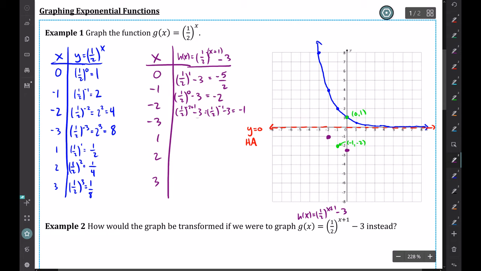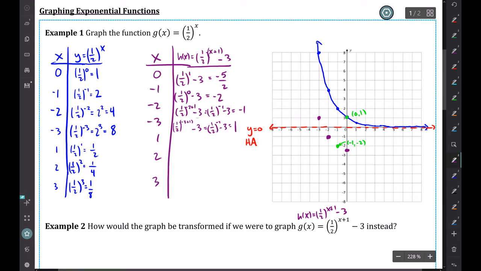So that's negative 2, negative 1. Now I want to plug in negative 3. So it's 1/2 to the negative 3 plus 1 minus 3. So that's 1/2 to the negative 2 minus 3, which would be 2 squared minus 3, or 4 minus 3 is 1. So negative 3, 1 is a point there.